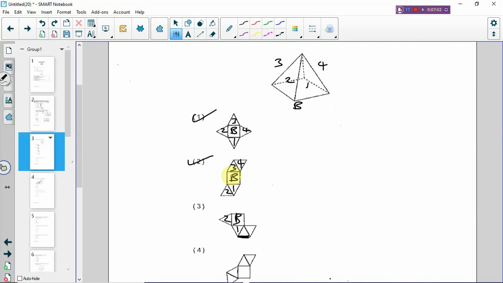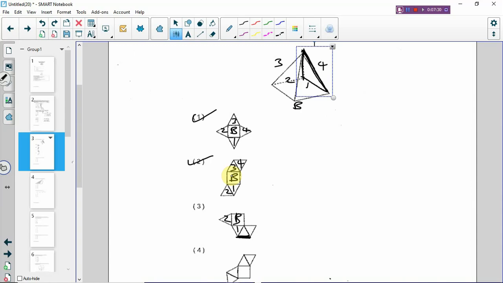But if you look at the triangular face, which is your 4, do you have a horizontal line on the top? There's no horizontal line. It's actually a corner, a corner at the top. But if you look at number 3, this is a horizontal line, which is not a corner. So that's why your number 3 is not the net.